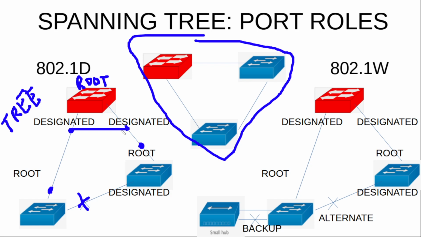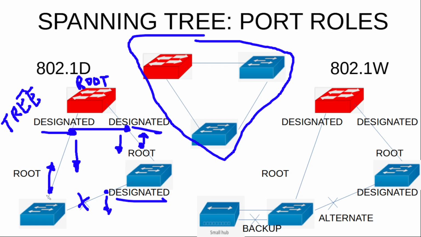So all the ports that are in forwarding mode, that are pointing downwards in this tree logical disposition, are going to be named designated ports, and all the ports that are pointing upstream in this tree disposition are going to be called root ports.